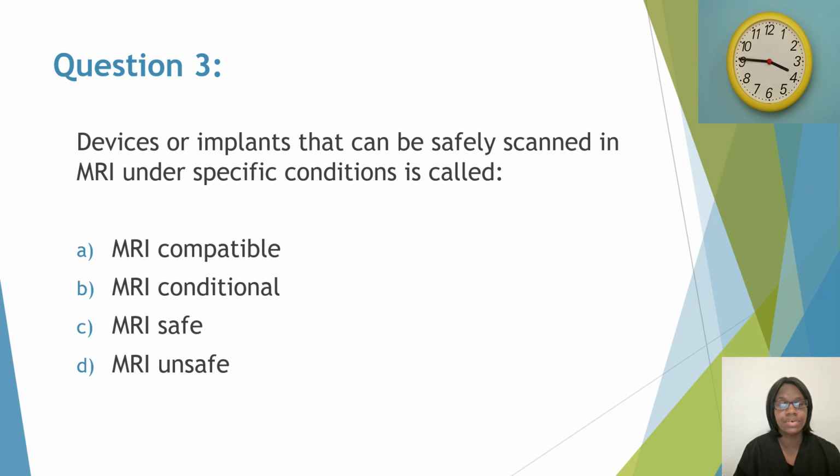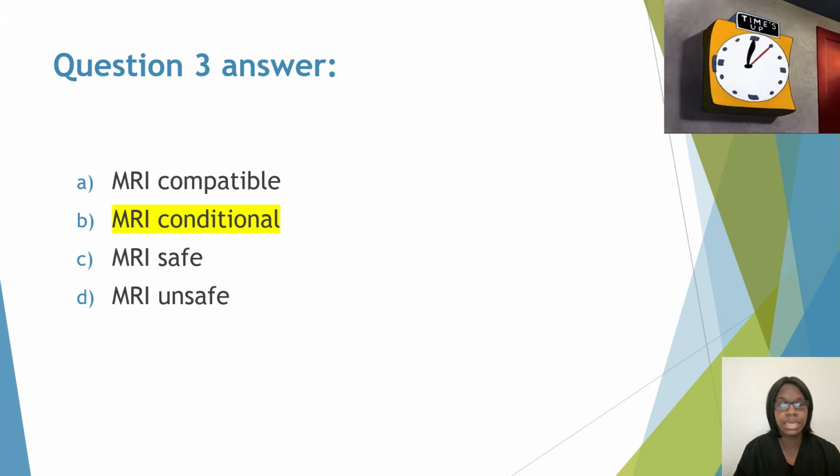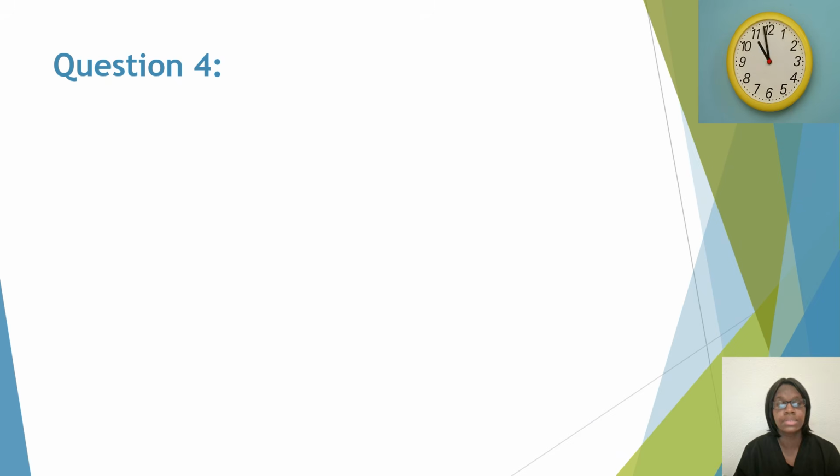All right, the correct answer is B, MRI conditional. A lot of people get MRI compatible and MRI conditional confused. So just make sure that you know that it is MRI conditional.